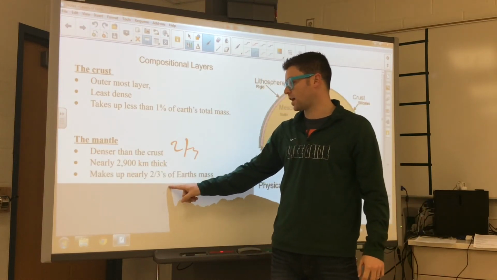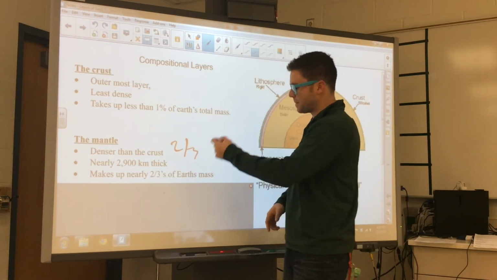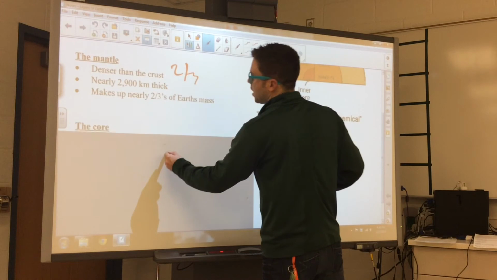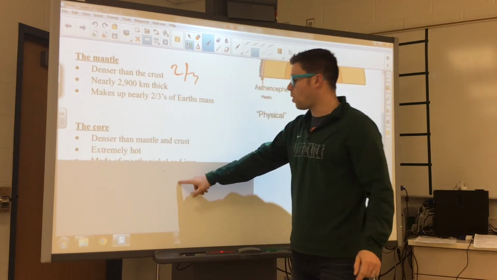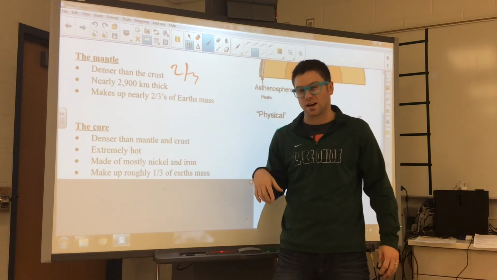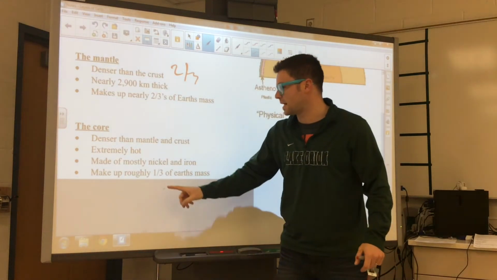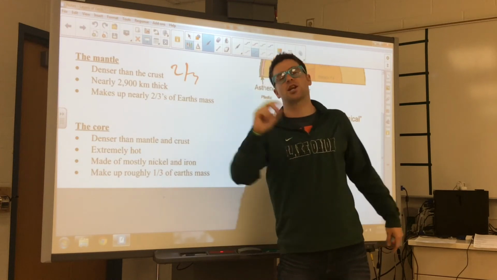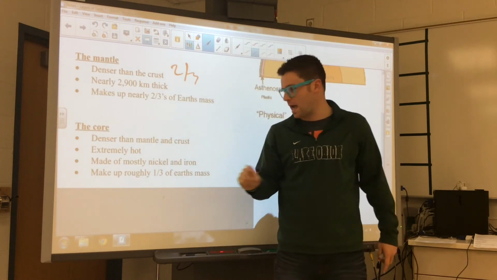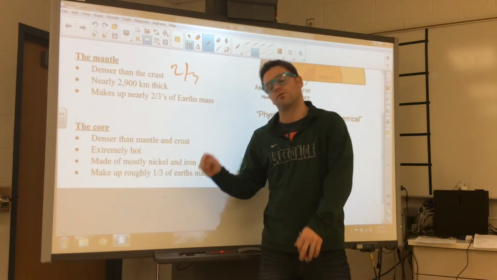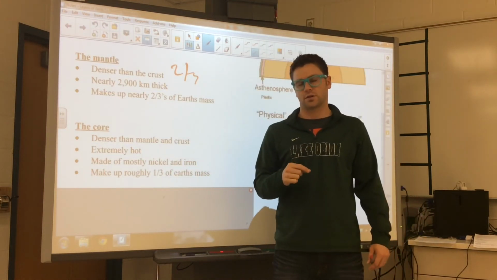And then we go to the core. The core is denser than the mantle and the crust, and it is extremely hot. Why is it hot? 2 reasons: gravitational contraction and radioactive decay. Okay, it's extremely hot, made of mostly nickel and iron, and made of roughly 1/3 of Earth's mass.